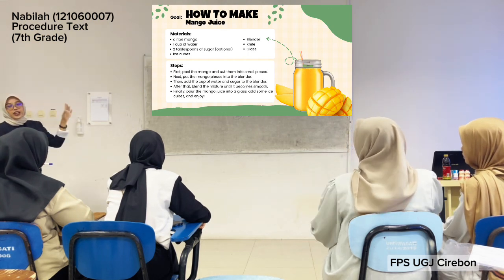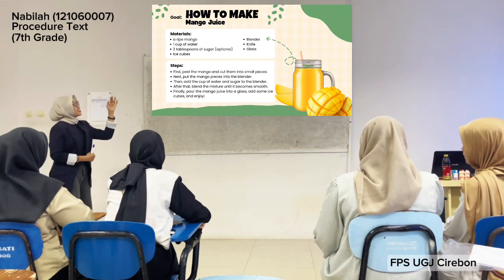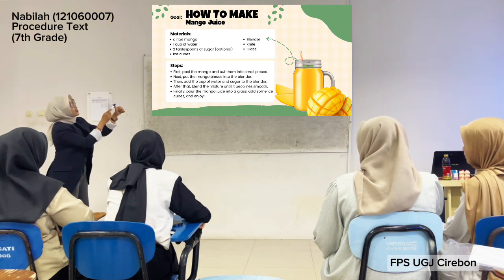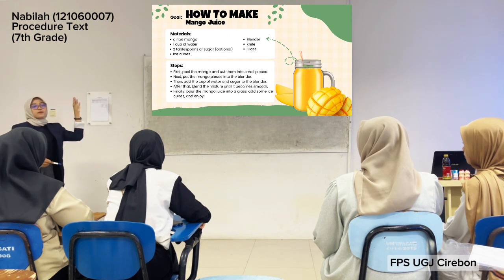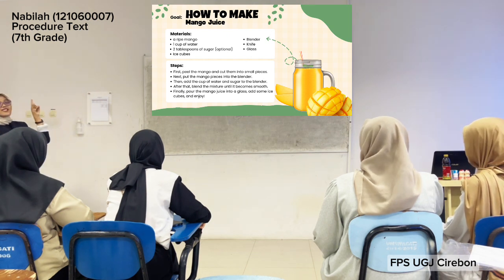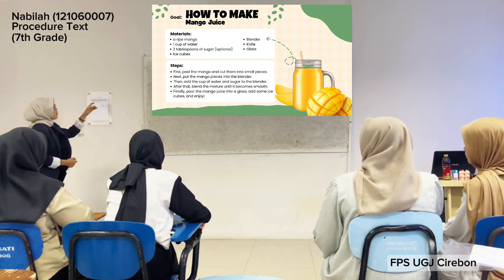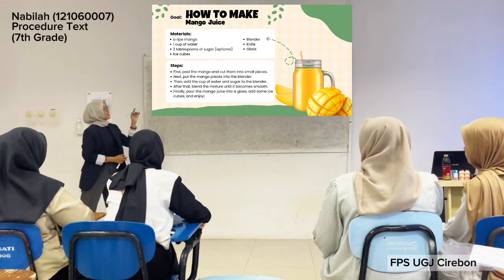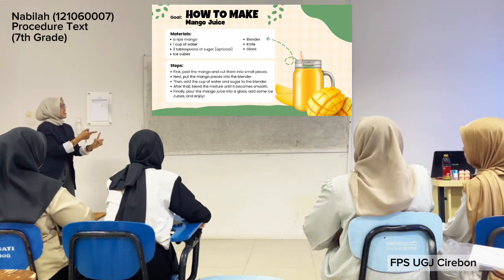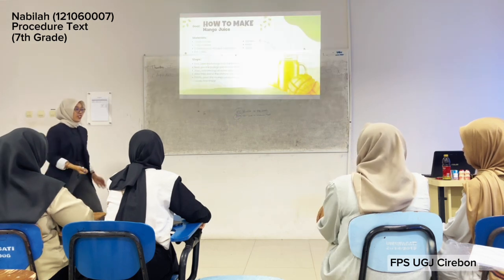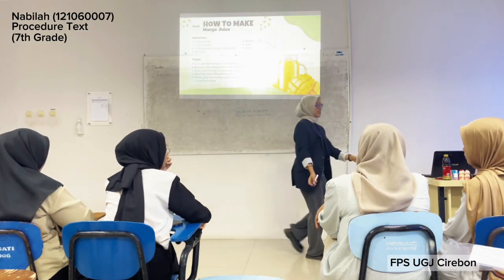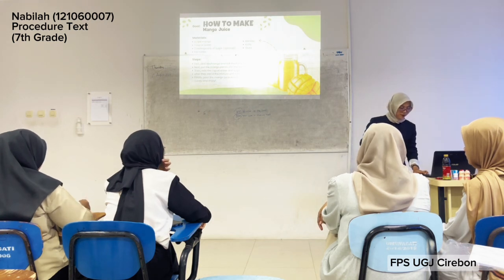And then the tools are blender, knife, and glass. So this is the materials part. And then the last is the steps. It consists of the sequence of the steps. For example, like first, next, then, after that, and finally. Okay. Do you understand? Is there any question? No.